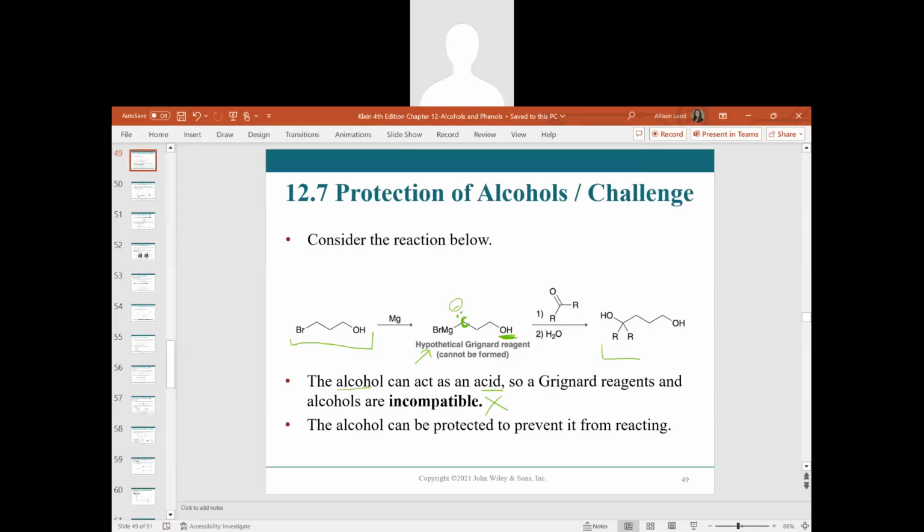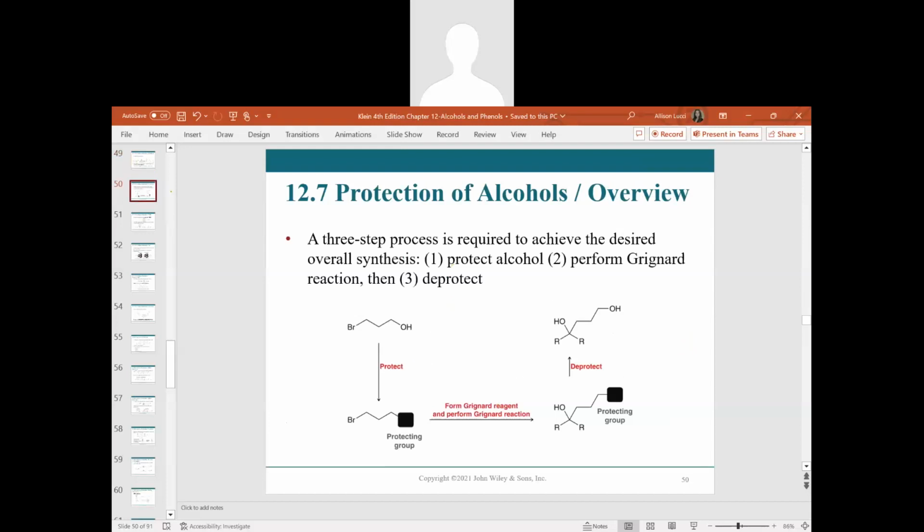If we want to form this specific product, we would have to use something called a protecting group. So we could protect this alcohol group here. We protect the alcohol. We could then perform our Grignard reaction in step 2. That involves forming the Grignard reagent, reacting with the compound, forming your alcohol.